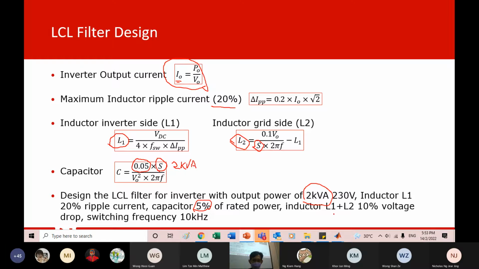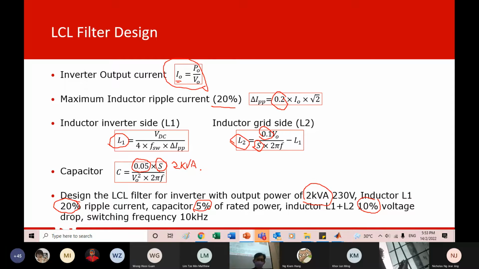Then L1 plus L2, the total at L2, is 10%, which is 0.1. And of course, the first ripple current is 20%. Make sure you know where all these numbers are substituted into the equation correctly. Simply putting numbers in might also work, but not if you do a real design.